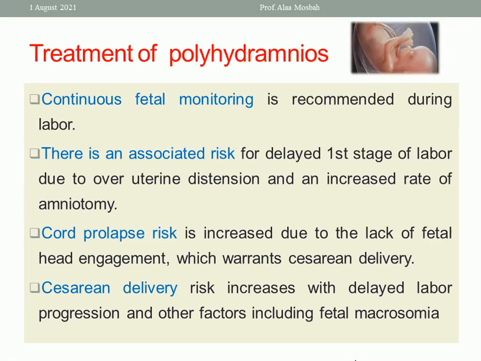Continuous fetal monitoring during labor is important. There is an associated risk for delayed first stage of labor due to uterine overdistension and an increased rate of amniotomy. Cord prolapse risk is increased due to lack of fetal head engagement, which warrants cesarean delivery. Cesarean delivery risk increases with delayed labor progression and other factors including fetal macrosomia.